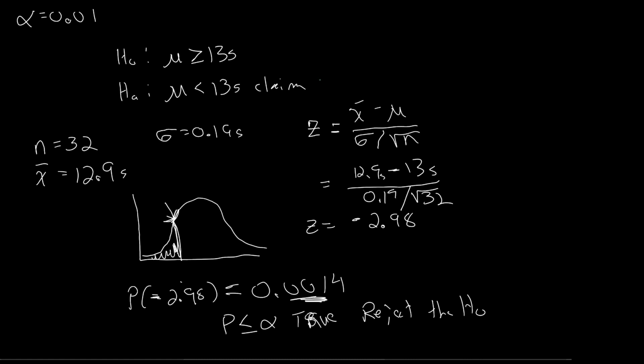Now, completely another way of doing this involves taking alpha and turning it into a critical value of z.